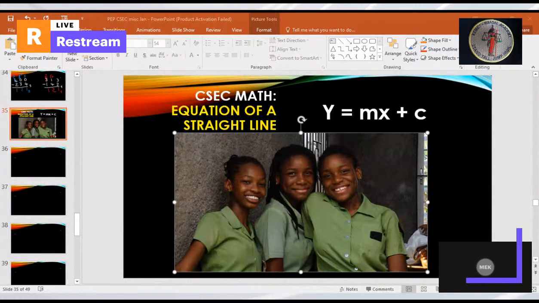All right, so as we wait for the students to log on, let's refresh on what we did yesterday in relations, functions, and graphs. So we looked at the coordinate plane and found the length of the straight line and the midpoint.